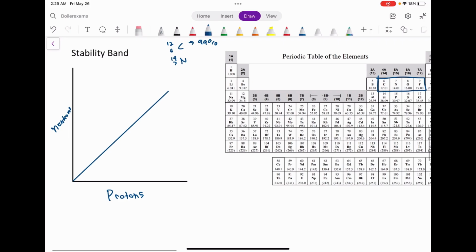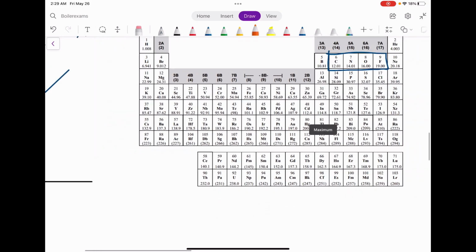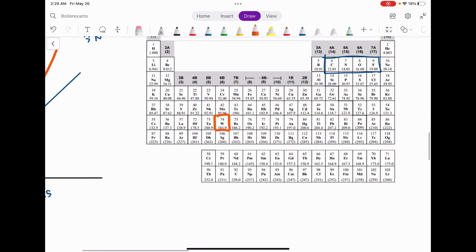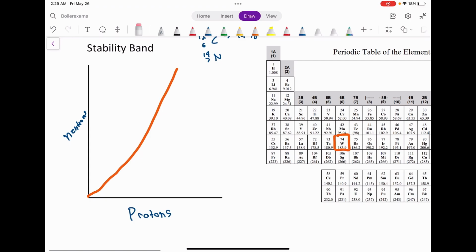But if we observe the rest of the elements, we can see that the fit starts off 1-to-1, but actually increases like this. So if we look down here at some of these heavier elements, we can see that the atomic mass is over double the atomic number, which means they have more neutrons than protons, which describes this fit.